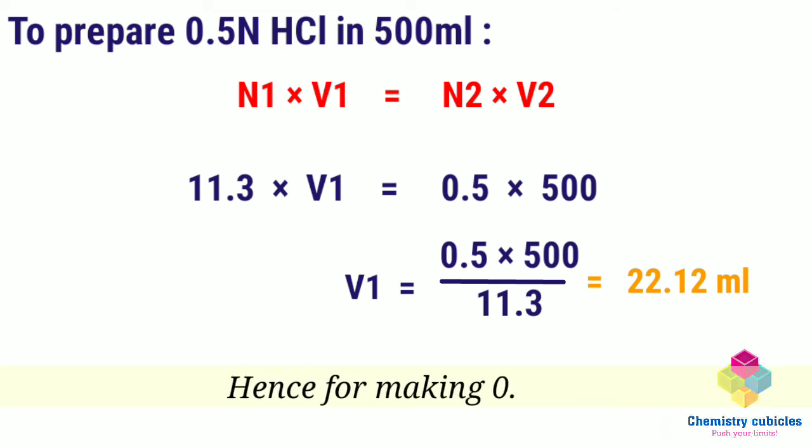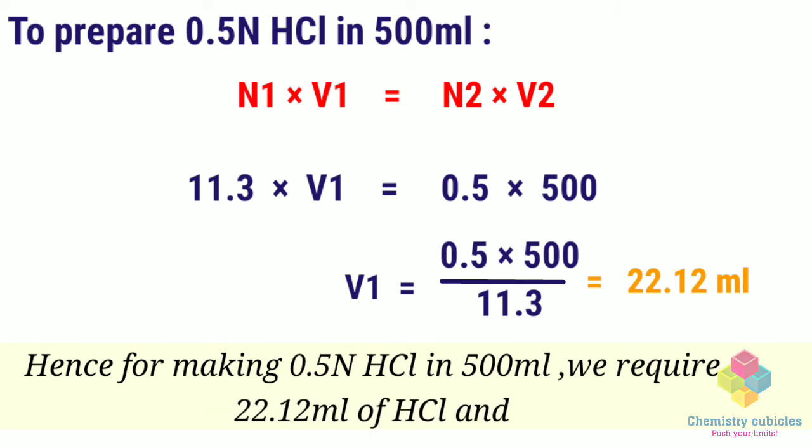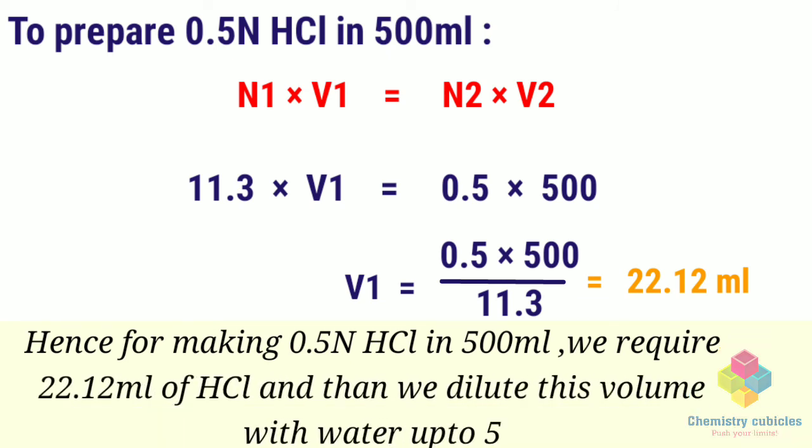Hence, for making 500 ml of 0.5 normal HCl, we require 22.12 ml of HCl which is provided in our laboratories, and then we dilute this with the solvent, that is water, up to 500 ml. So we are done with 0.5 normal HCl in 500 ml of water.